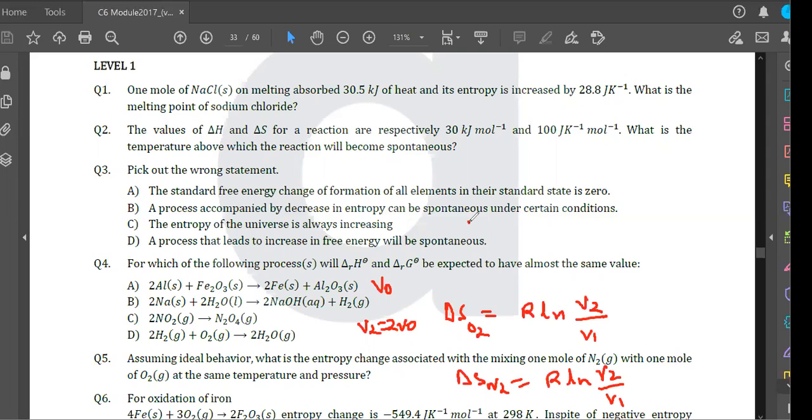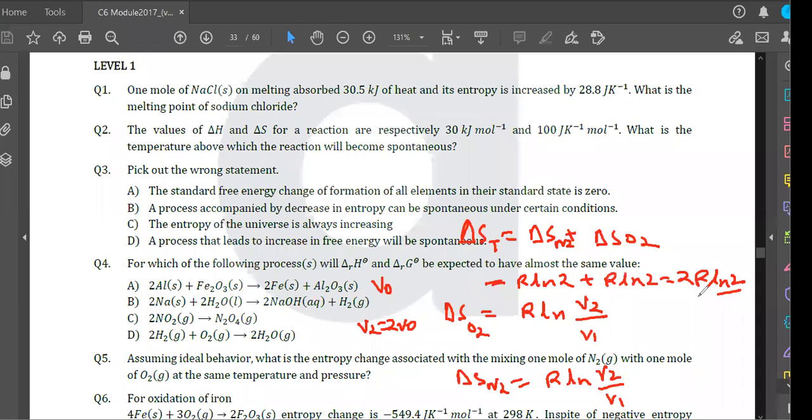So can I say that ΔS total is equal to ΔS of N2 plus ΔS of O2? Everyone, can I do that? Equal to R ln 2 plus R ln 2, which is 2R ln 2.